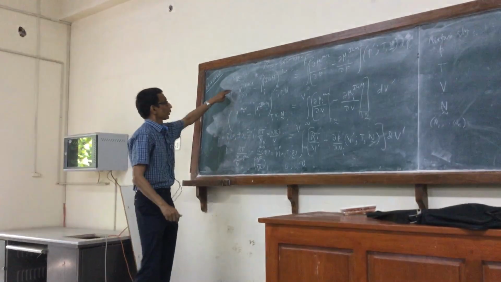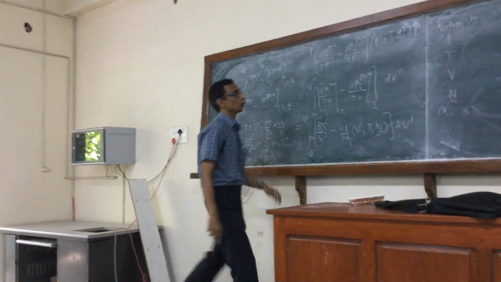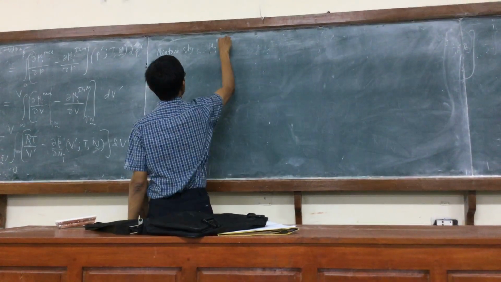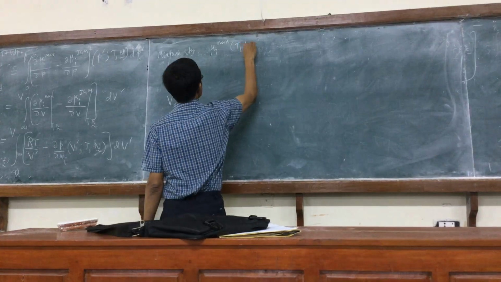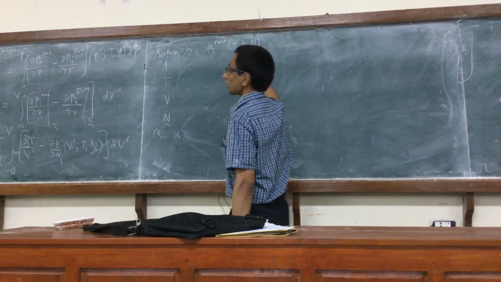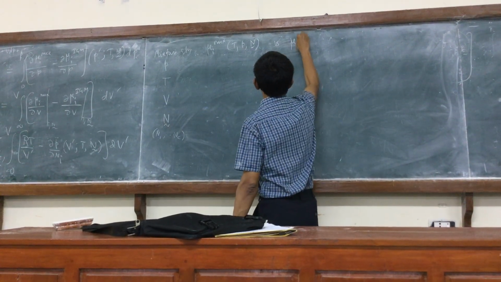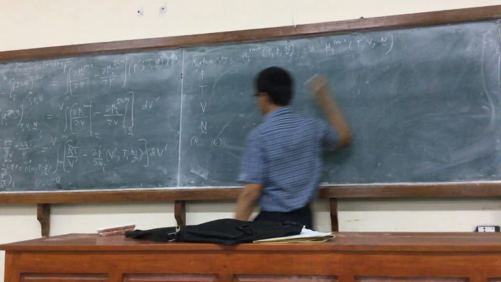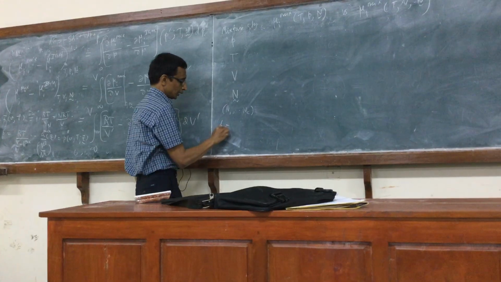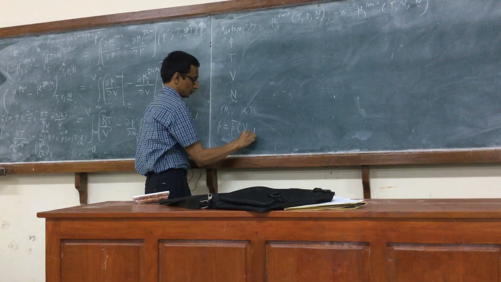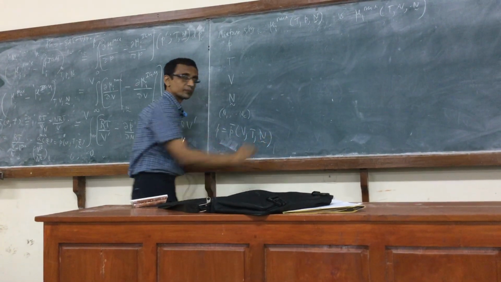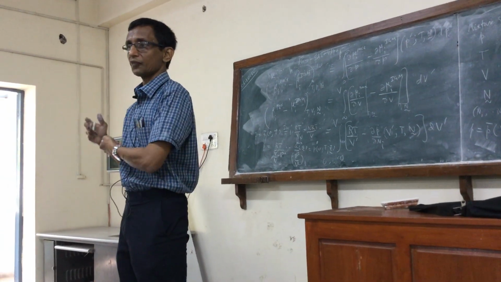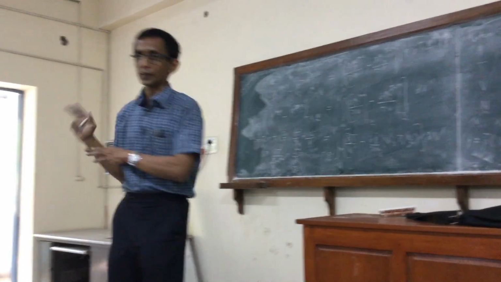So now I am comparing these two. I have mu i mix evaluated at temperature, pressure and mole numbers versus mu i mix evaluated at temperature, volume and mole numbers. And the most important thing that I didn't mention is that the pressure, volume and temperature that I expressed must satisfy the equation of state for the actual substance.